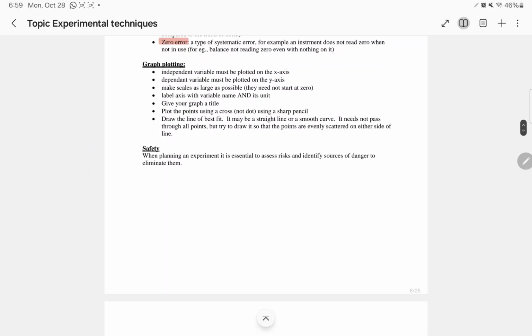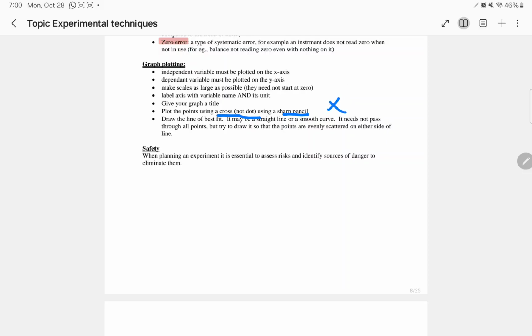When plotting graphs, just read this. Independent with dependent, scales as large as possible, label axes, give your graphs titles, use a cross. Use a cross, not a dot, and use a sharp pencil. Be careful, because this is for accuracy.